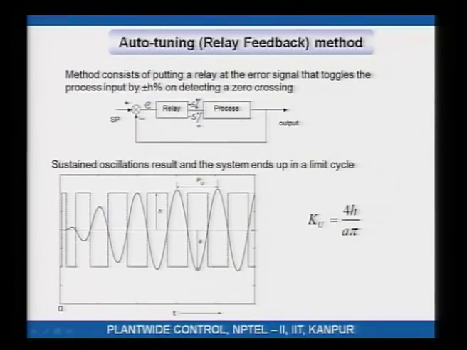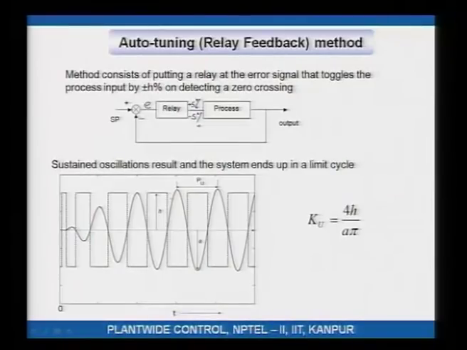Now, the output of the relay toggles back up. Now, the output which was going down, because the input has toggled back up, turns around, comes back, crosses 0 again. You see, it results in sustained oscillations with toggling of the input to the process.